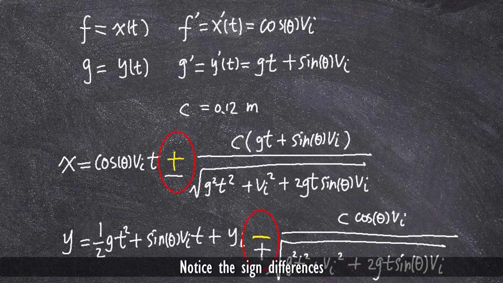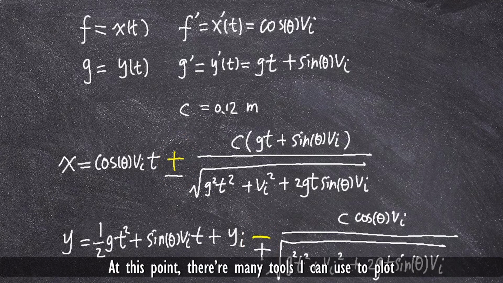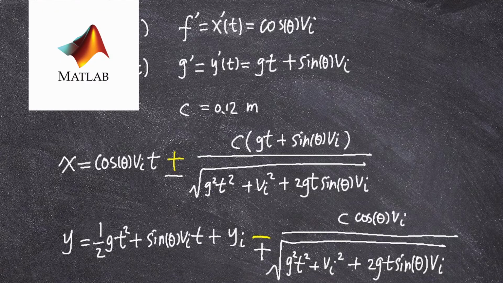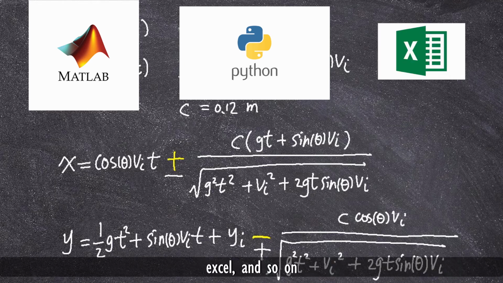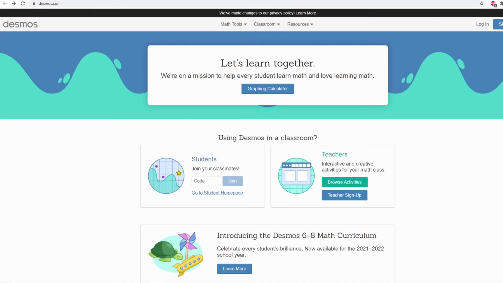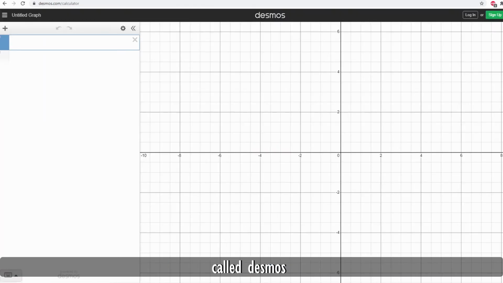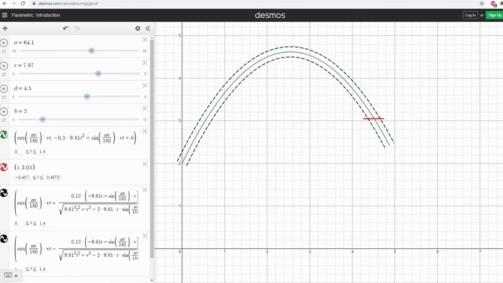Notice the sign differences. At this point, there are many tools I can use to plot these parallel curves, such as MATLAB, Python, Excel, and so on. For a simple demonstration, I use an online graphing tool called Desmos. Let's have some fun with it.